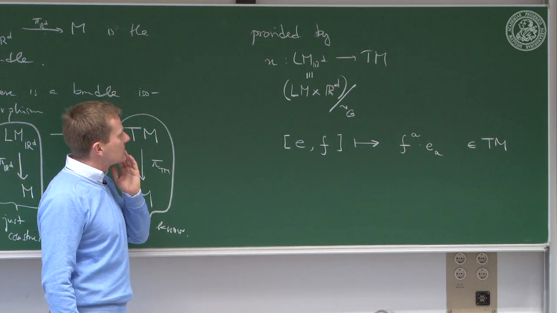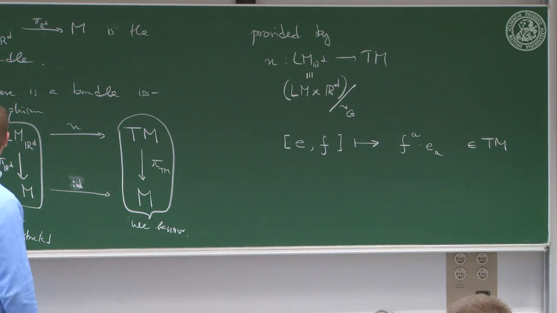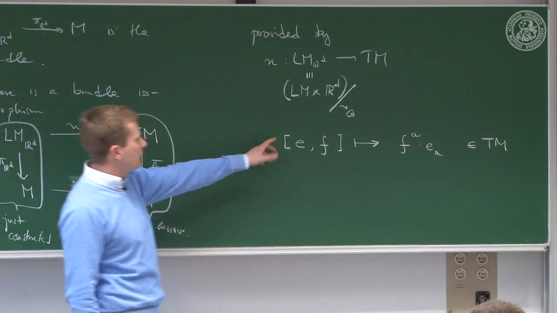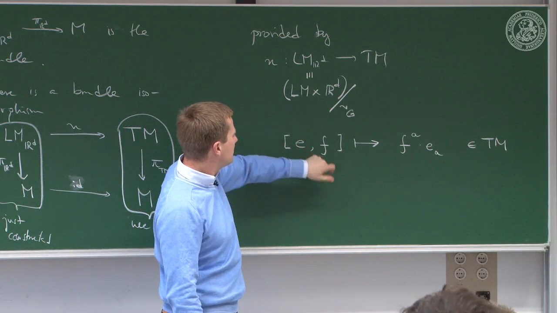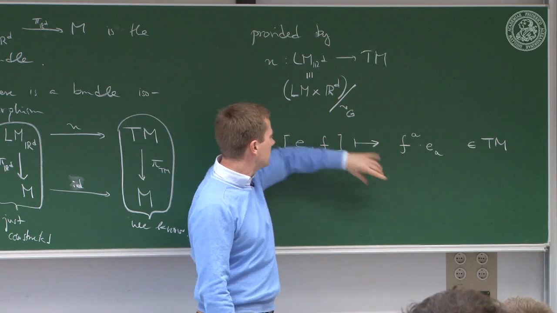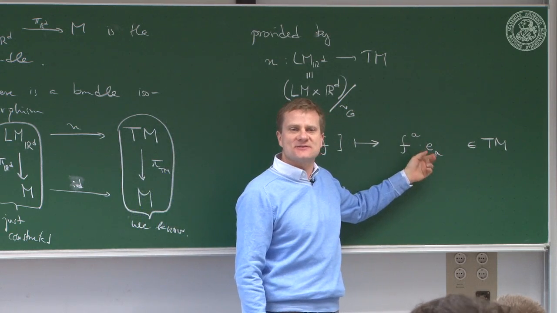So it's an element of the disjoint union of all the tangent spaces. Okay, so now if you consider the action of this group on the fiber, you see that if you change the frame with the transformation g, then the fiber element F^a is changed in the opposite direction, and this just cancels.